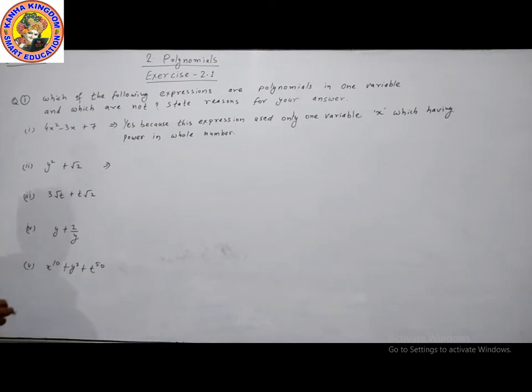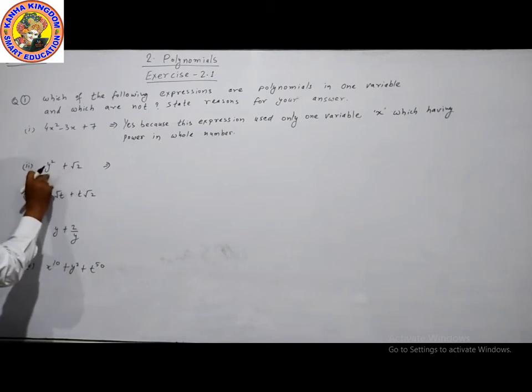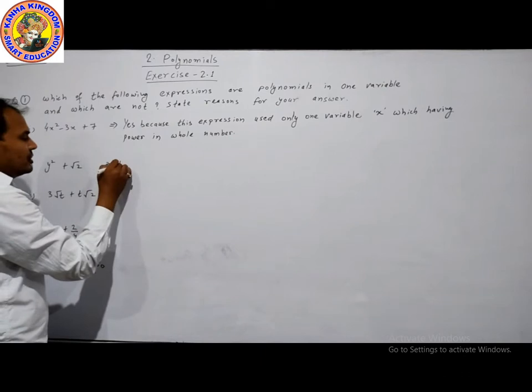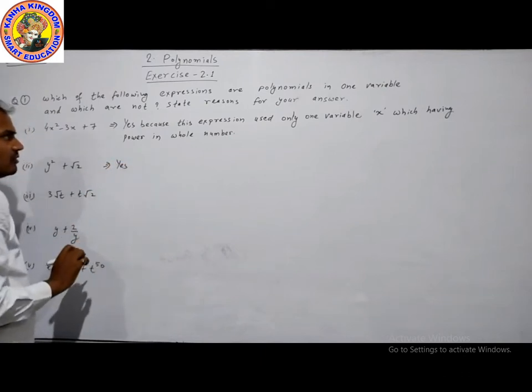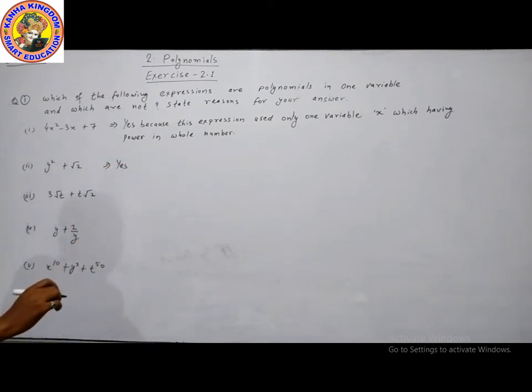Now second expression is y square plus root 2. Y, the single variable y, and the powers are whole numbers. So this is our polynomial in one variable.